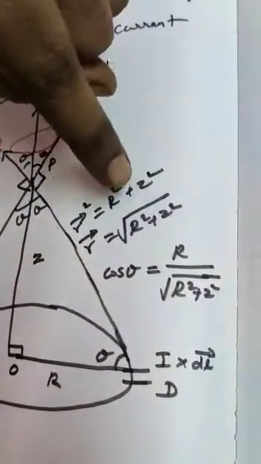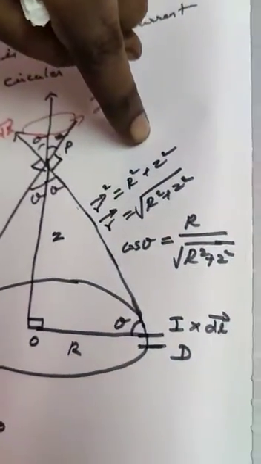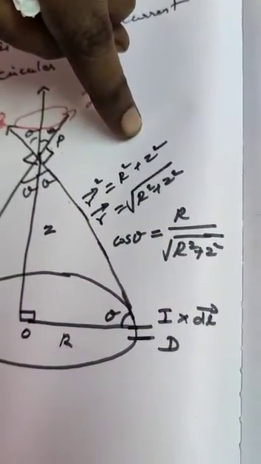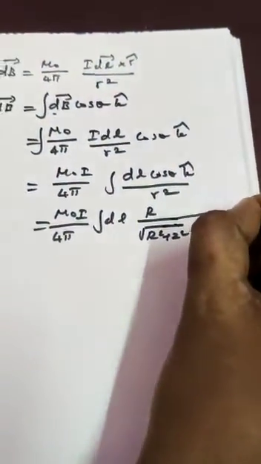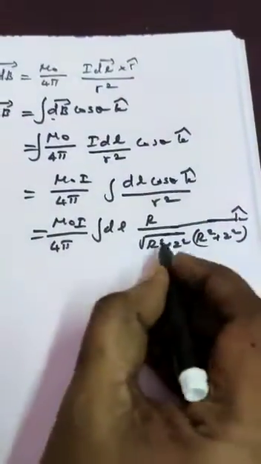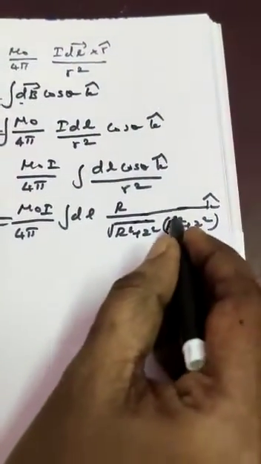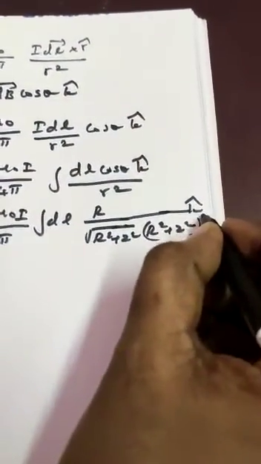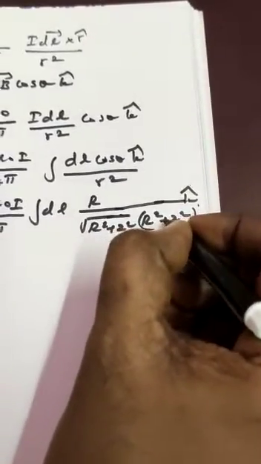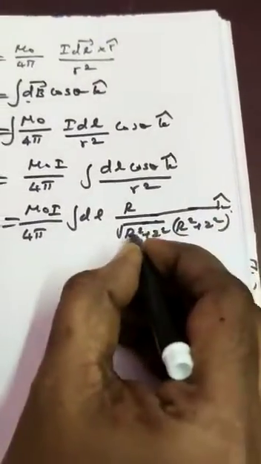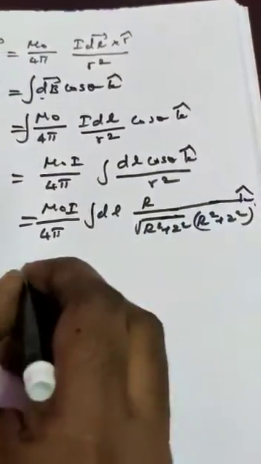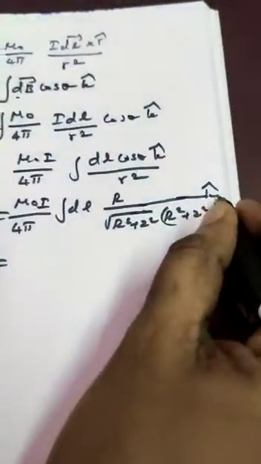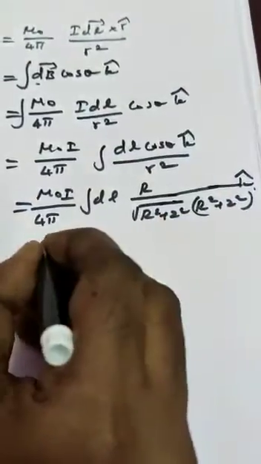And r square is r square plus z square, k cap. These two terms are getting multiplied, that's why the powers will be added. This has the power of 1, that is r square plus z square whole power 1, and r square plus z square root means power 1 by 2. So 1 by 2 plus 1 is 3 by 2.